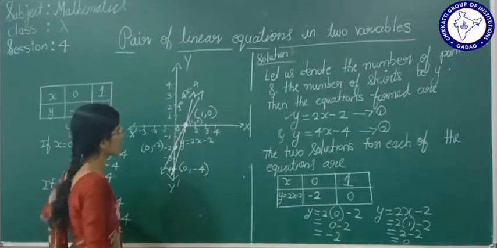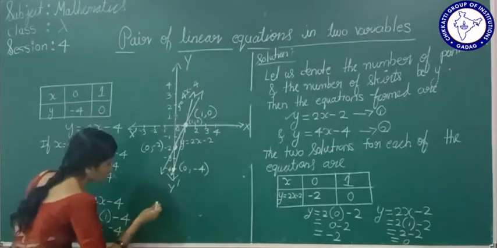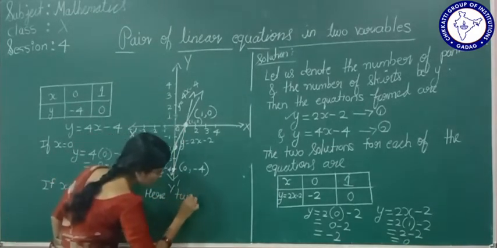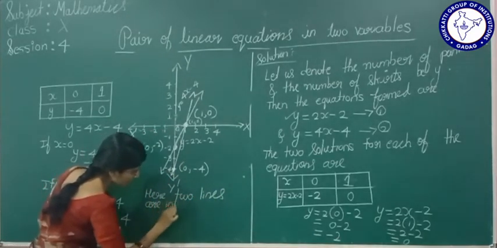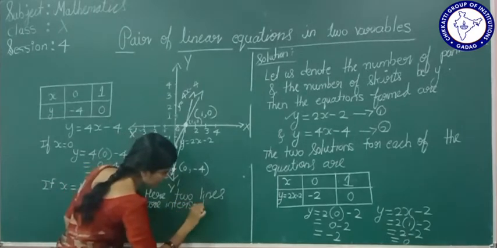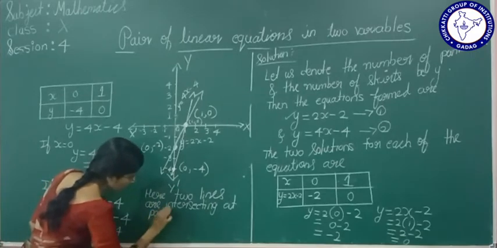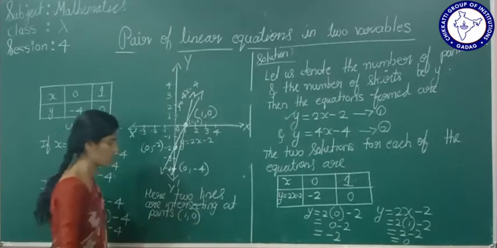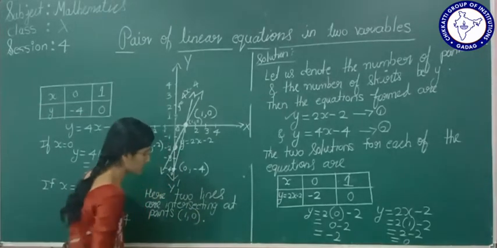Here the two lines are intersecting at the point (1, 0).